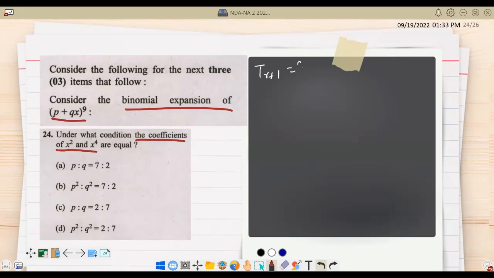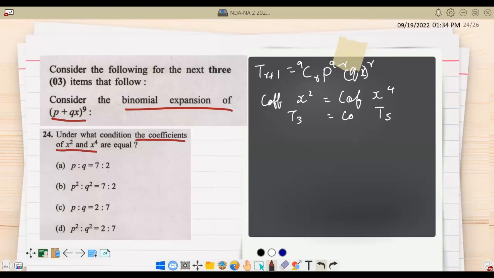Here it is 9CR P^(9 minus R) Q^R X to the power R. In the question, they have given the coefficients of x square and the coefficients of x to the power 4. That is T3 and T5 are equal.